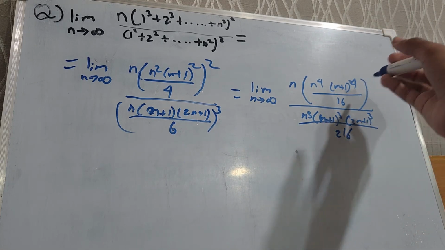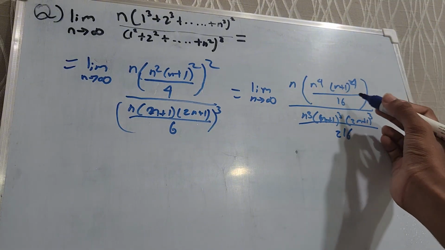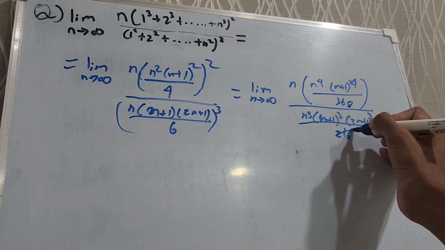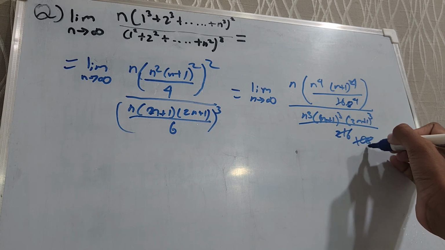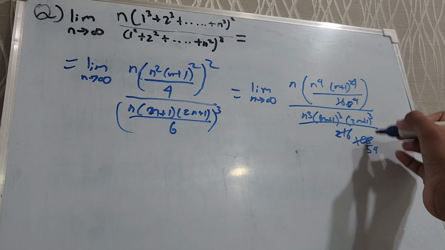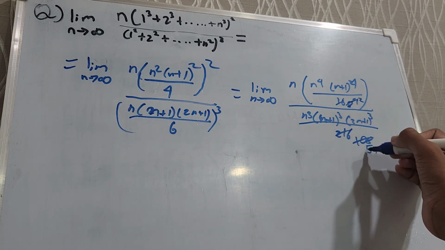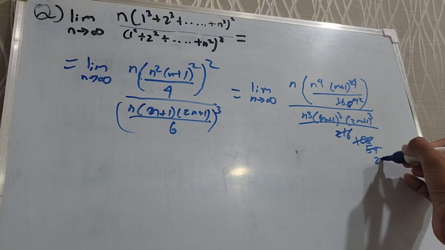So now 16, how can we simplify? 16 by 216, 8, 108, 4, 54, 2, 27.